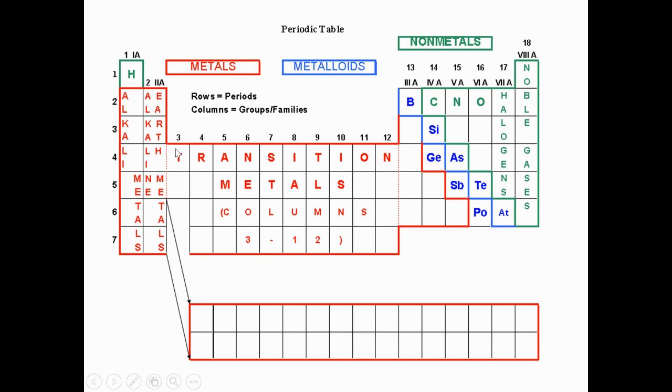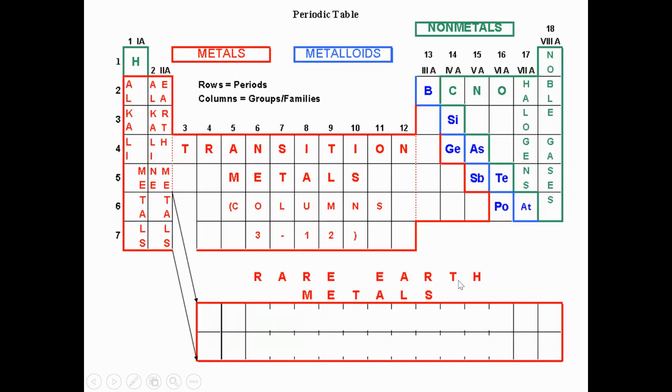And the metals in that shorter middle section are collectively known as transition metals, including the ones that extend under the metalloids. The 2 rows at the bottom are collectively known as the rare earth metals. They are rare, and we don't encounter them in too many instances.